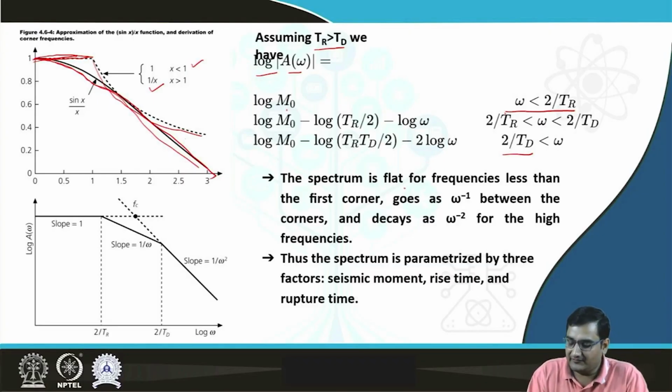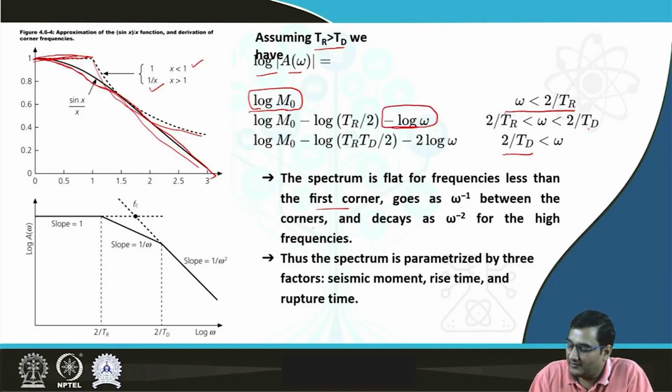So the spectrum is flat for frequencies less than the first corner, goes as 1 by omega between the corners, and decays as 1 by omega square for the high frequency. So you can see the values of the spectrum. If the frequency is less than 2 by TR, then it will be a flat spectrum having this value, and in between 2 by TR and 2 by TD, it will be proportional to 1 by omega, and for frequencies greater than 2 by TD, it will be proportional to 1 by omega square.